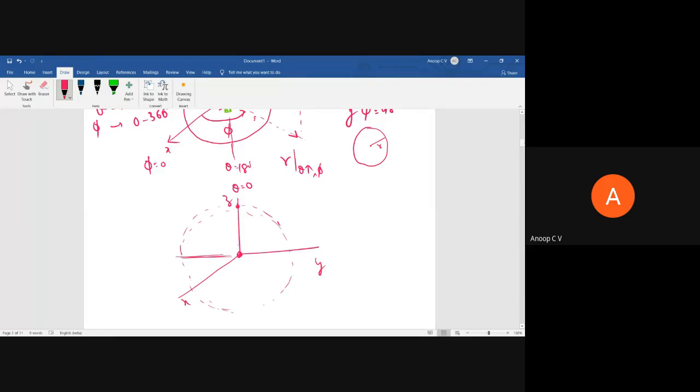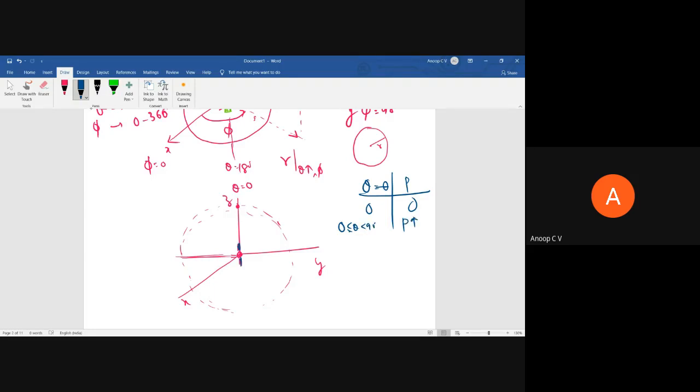If it is a dipole, I'll draw the dipole placed like this. We know that along theta equal to 0, the power is 0. Then if I gradually increase theta, for 0 less than theta less than 90 degrees, what happens? Power will increase.